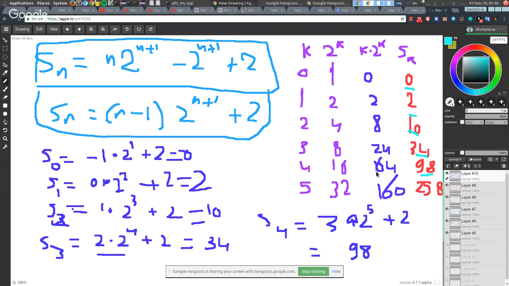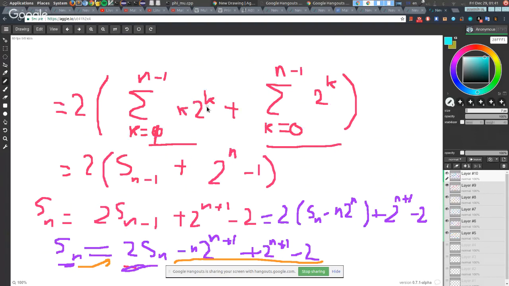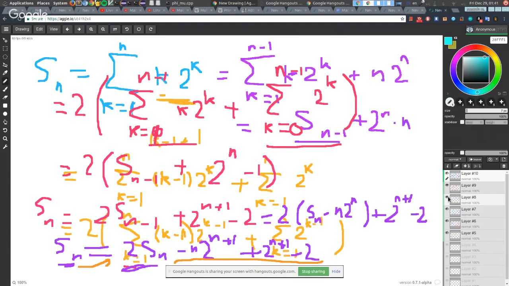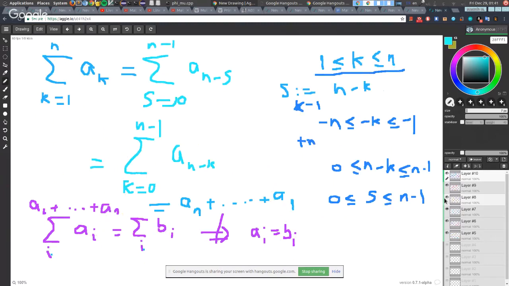So this was the first summation, and you can see at some point we did this, so there's this shifting. This idea was used, but actually I didn't flip the sign.